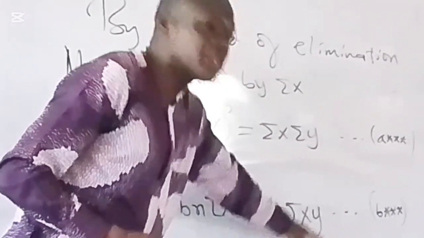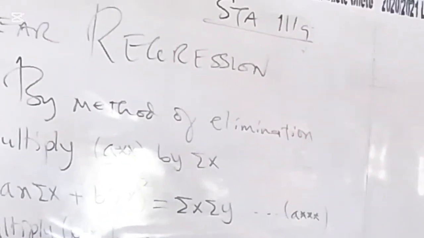Check this equation and this other equation. Which of the terms are equal? A n sum of x and A n sum of x. Are they the same thing? Yes.